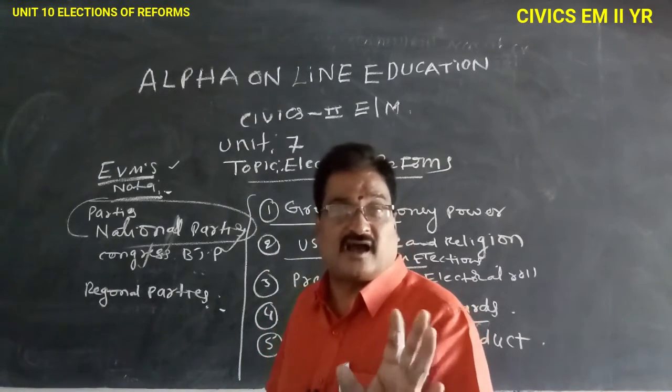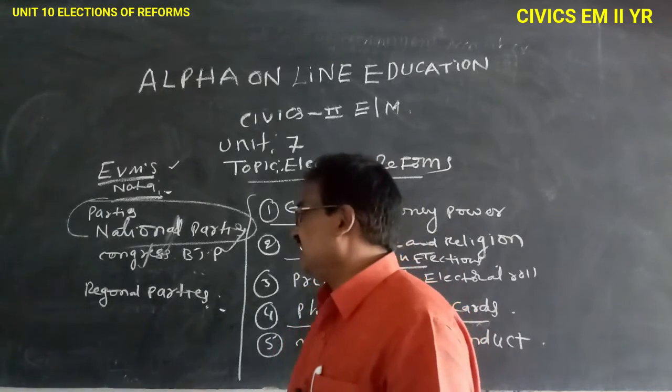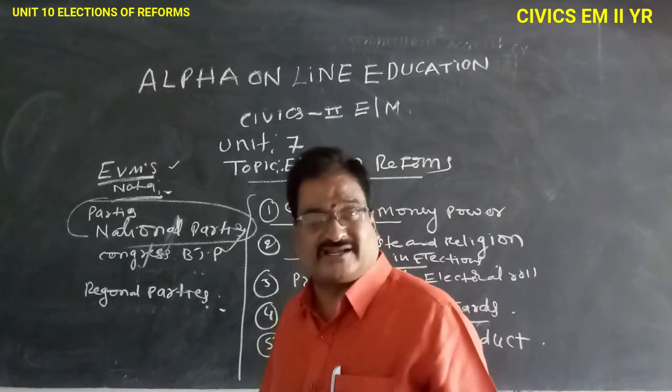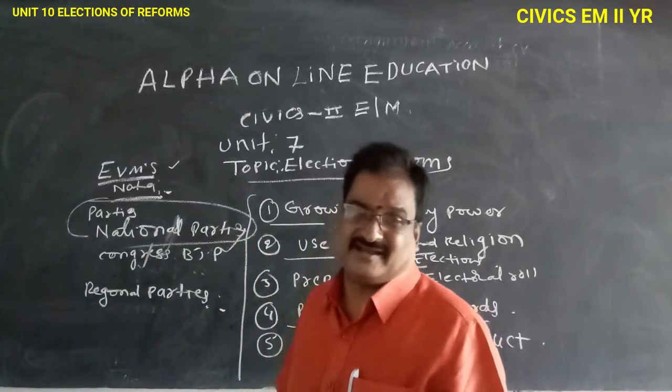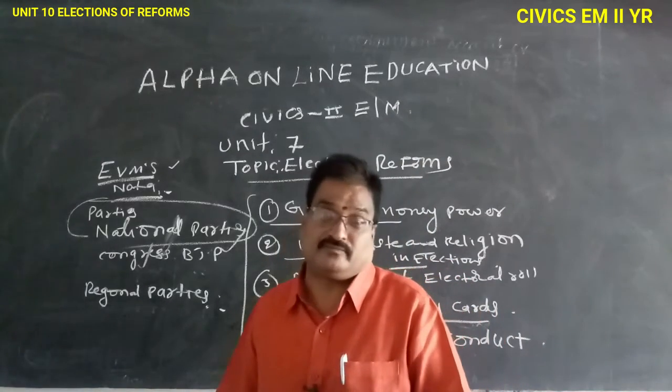So these parties are all national parties. The Congress party is the historical party. The Bharatiya Janata Party is the present ruling party.